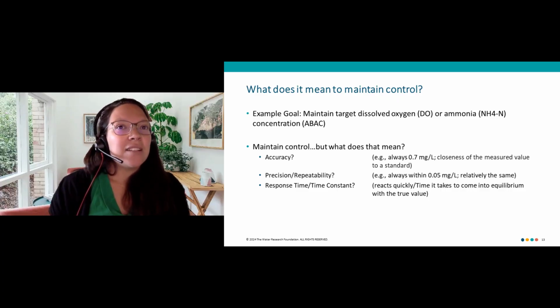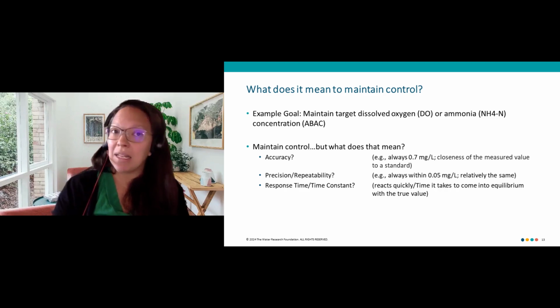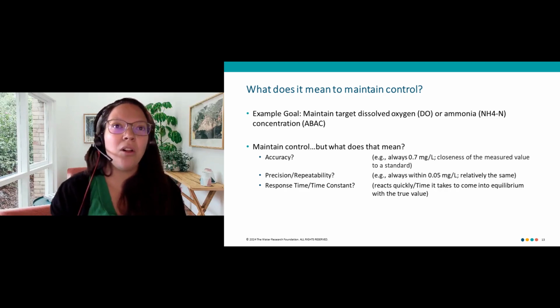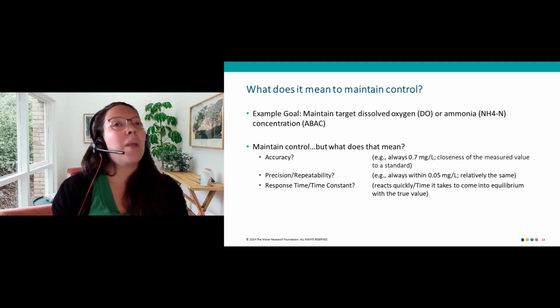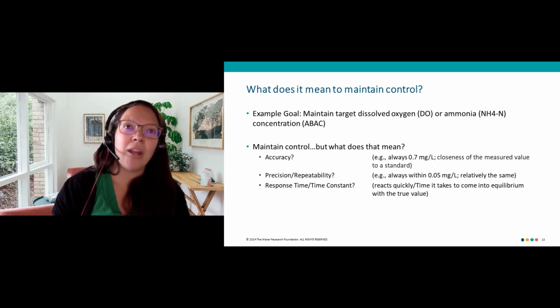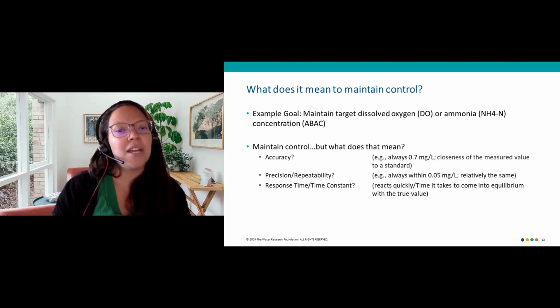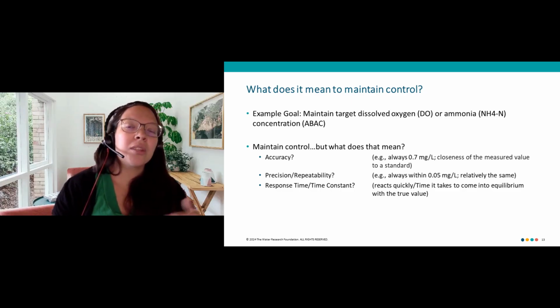So what exactly does it mean when we say we want to maintain good control? An example goal could be that you're trying to consistently maintain a particular target dissolved oxygen concentration, or maybe an ammonia concentration if you're operating in ammonia-based aeration control mode. There are several parameters to think about when we talk about control and the instrumentation we may be considering, like accuracy, or how close the measurement is to a standard value.